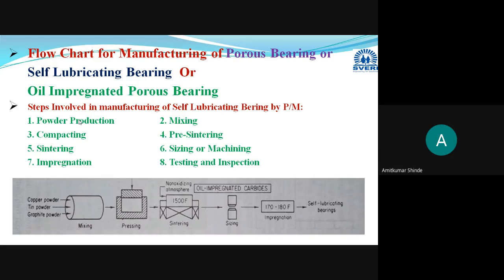In that you have to mention that for manufacturing copper and tin powder, you can use the electrochemical process, that is the electro deposition process, or you can use the chemical process. From the chemical process you can use precipitation from aqueous solution, also known as the simple displacement method. You can take note of it.